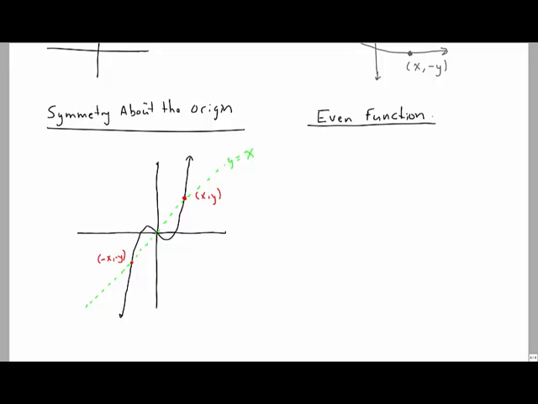But basically with an even function, for f of negative x, so that means if I evaluate my function at negative x, I get the exact same value as if I evaluate my function at a positive x. And we'll look at some examples of that in a minute. Now, the graph of an even function is symmetric about the y-axis. So an even function has y-axis symmetry.